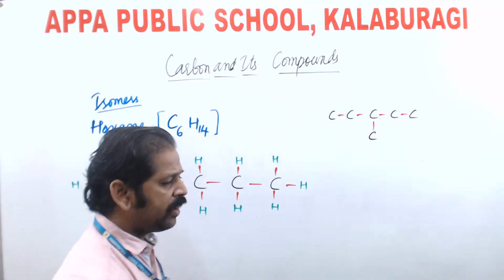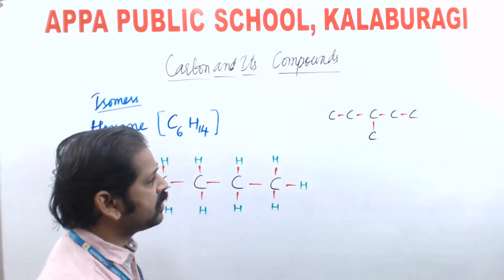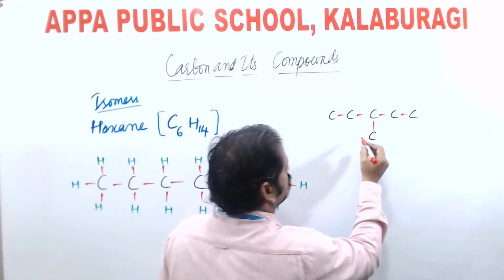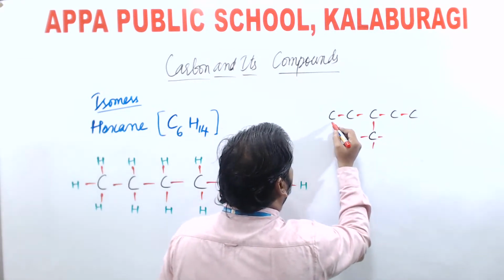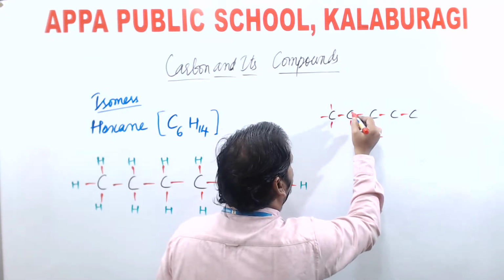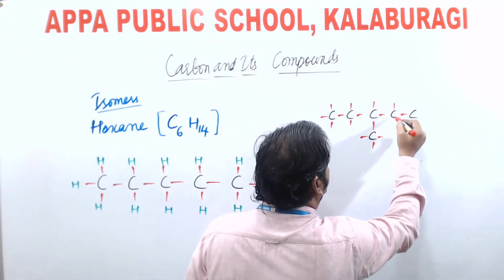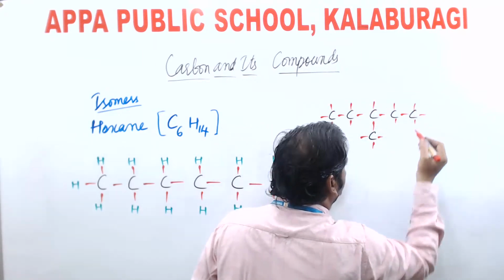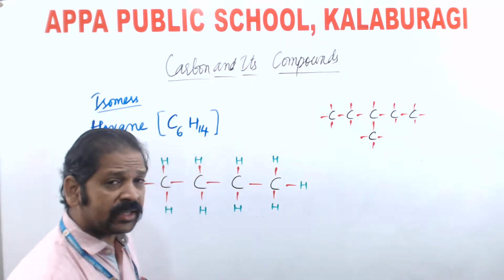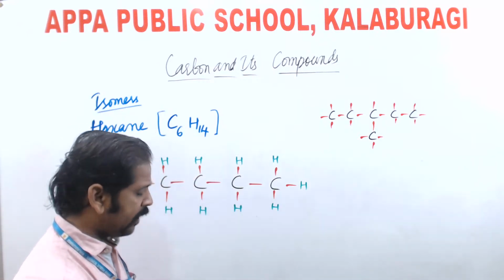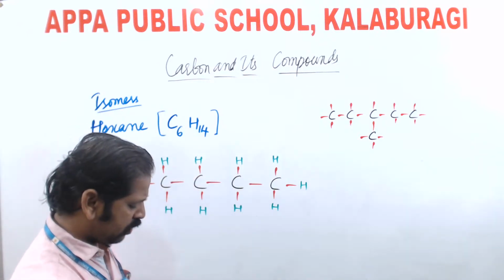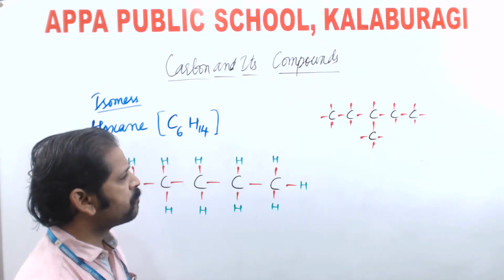This is 5 plus 1, so 6 carbons are there. This is the second structure. I'll show the hydrogens also.